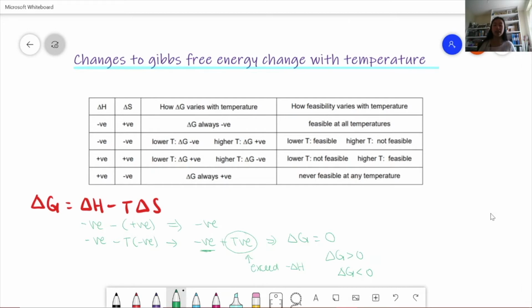And I'm going to explain this by writing out the equation again: delta G equals delta H minus T delta S. So if this is positive and if this is negative, because the temperature can only be positive, it can't go below 0 Kelvin, that means that this will always be positive because we've got two minuses here which equal a plus. So we'll always have that delta G is bigger than 0, so it will never be feasible at any temperature we use.